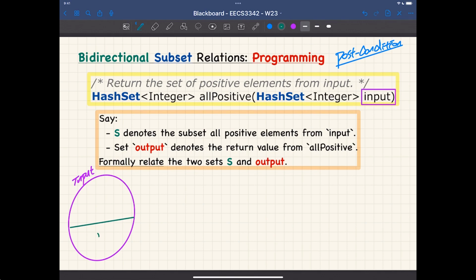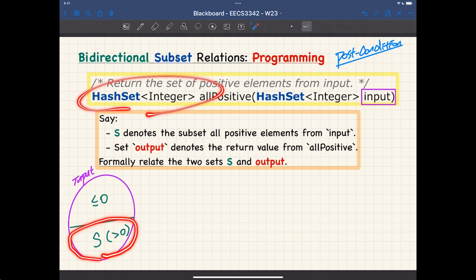This part here is called S, where all the elements are simply positive. The other part is less than or equal to 0. Imaginary partition. And we want to somehow say this particular partition here should be exactly equal to whatever is returned from the method. Agree? That's how we can make the post condition more formal and complete.